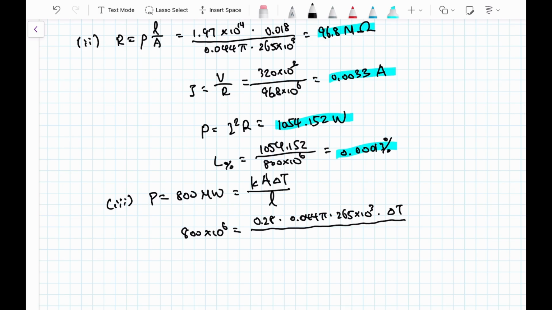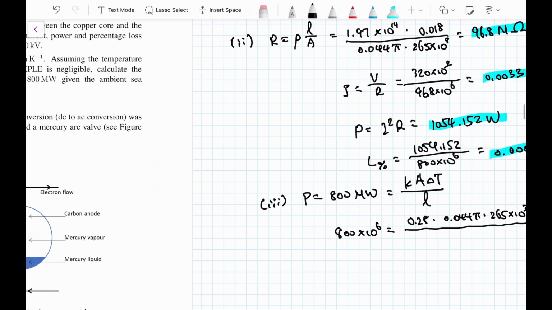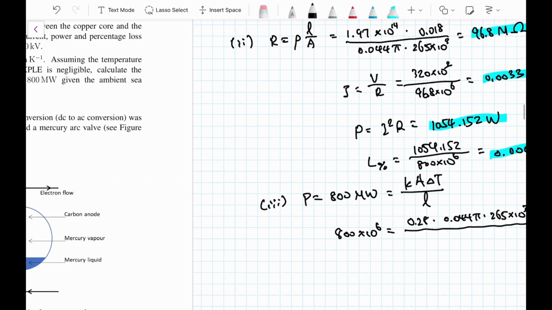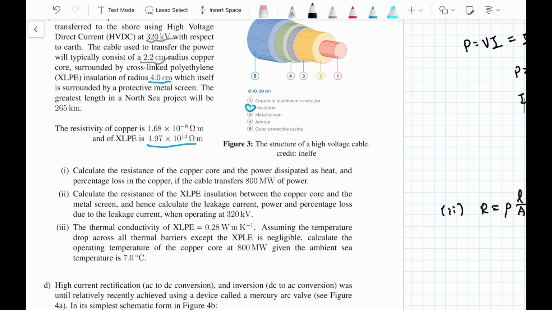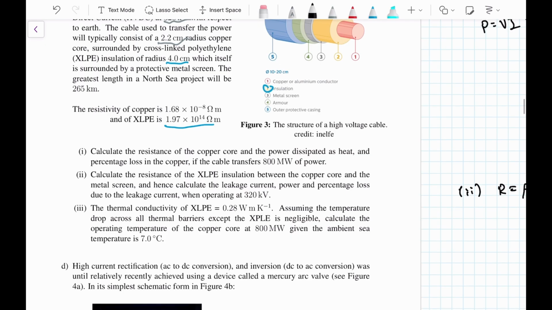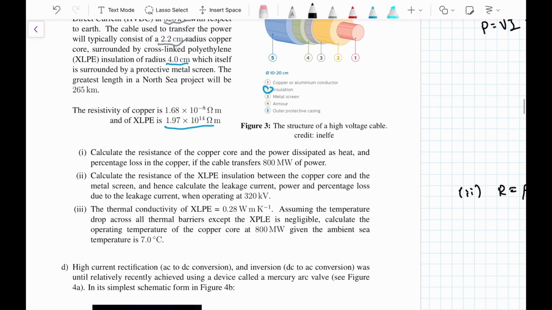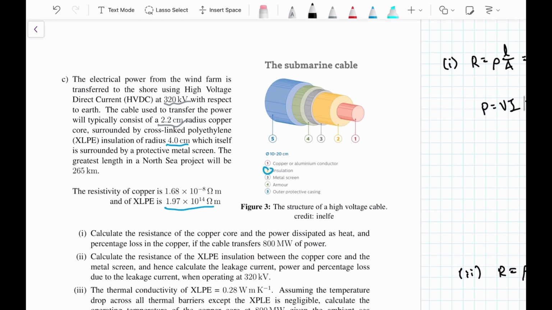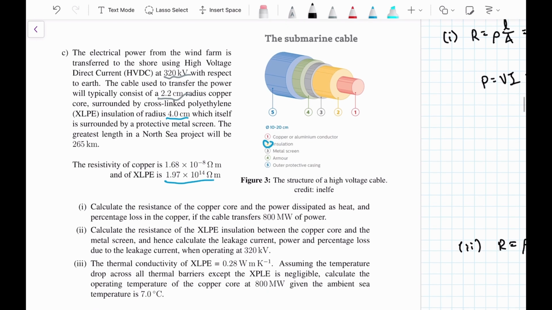And then do the calculation later, and then divide by the length. In this case, they didn't give us the radius of any of the other layers, so we can assume that the length is just the width of the XLPE insulation layer.